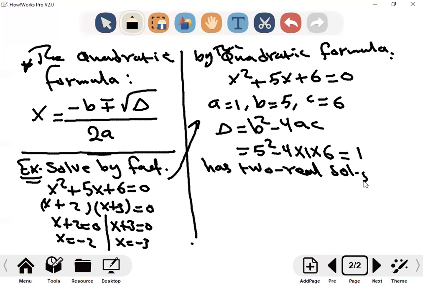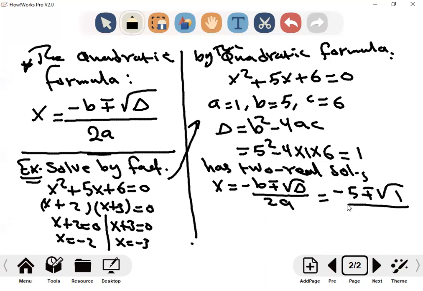Always write the formula. x equals minus b plus or minus square root of delta over 2a. b is 5, with the minus it becomes minus 5. So minus 5 plus or minus square root of delta. How much is delta? 1, over 2 times a, which is 1 also.